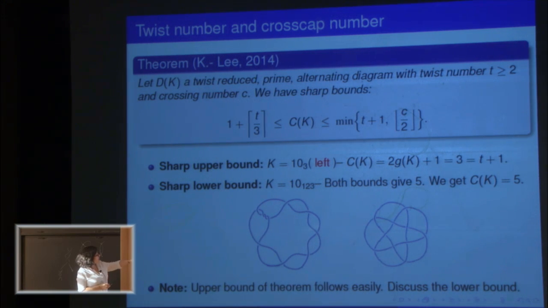What I get is that the upper bound and the lower bound both give me 5, which is the crosscap number. So in particular for knots that look like that, where there are no twist regions that have bigons, the estimate tends to do particularly well. I don't know why. All right, for low crossing knots anyway.